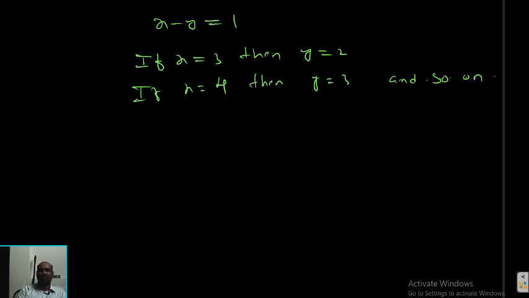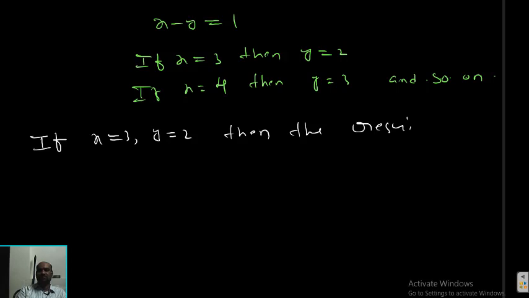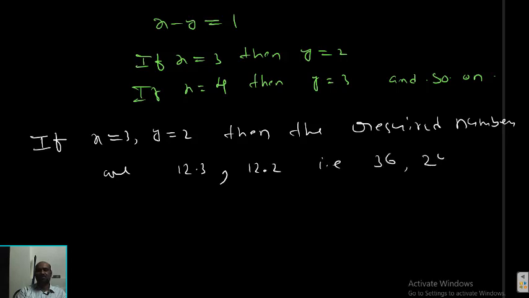Now if x is 3, y is 2, then the required numbers are 12 into 3, 12 into 2, that is 36, 24. One pair, 36 and 24, is one of the pairs of required numbers. The GCD is 12, the difference is 12.